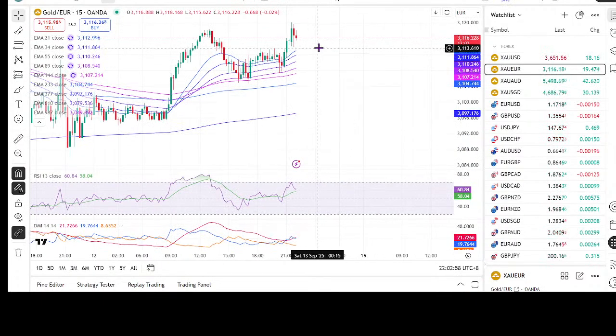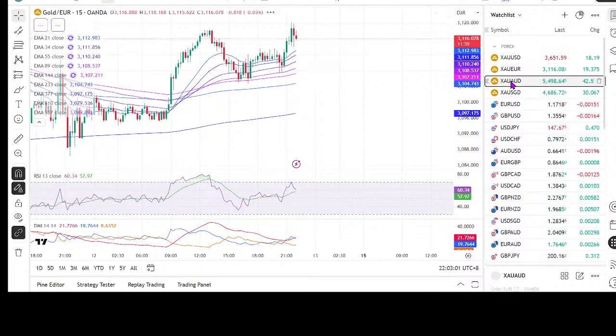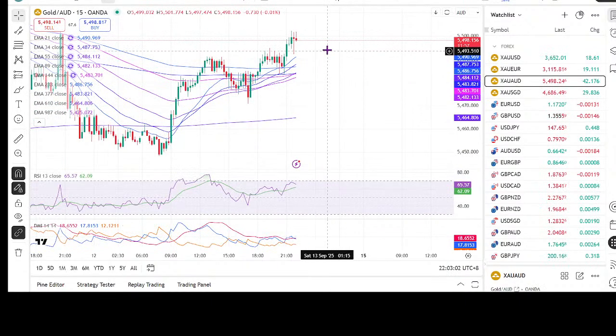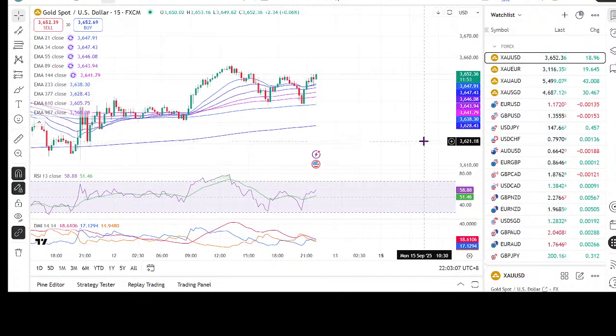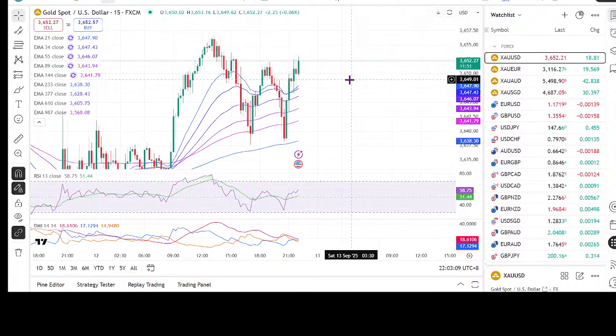Now we see that gold euro is showing a bit of weakness. Gold Aussie is also showing a bit of weakness, which is not a good sign. But gold US is trying hard, so let's see whether the price goes above.